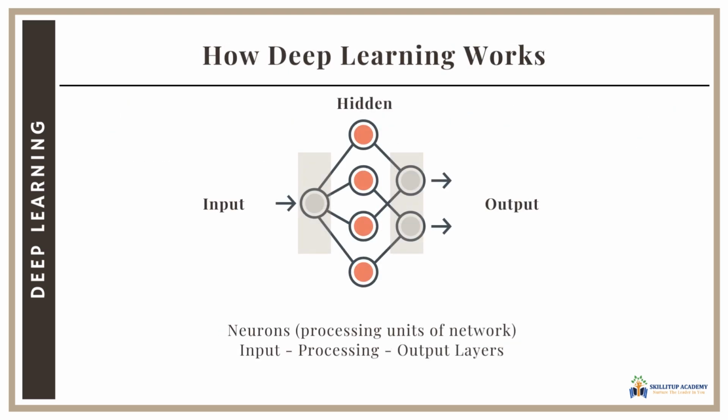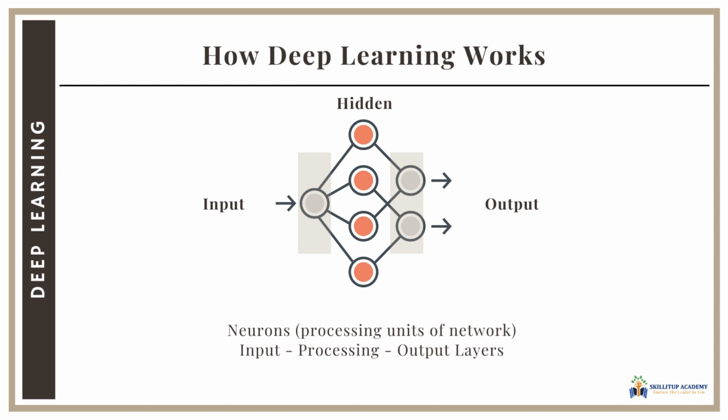The computational units in the network are called neurons that receive, process, and deliver the output. On the left, you see here is an input layer that receives the input data. The rightmost is the output layer to finally produce the output expected.